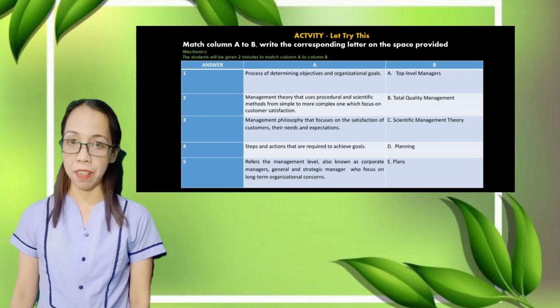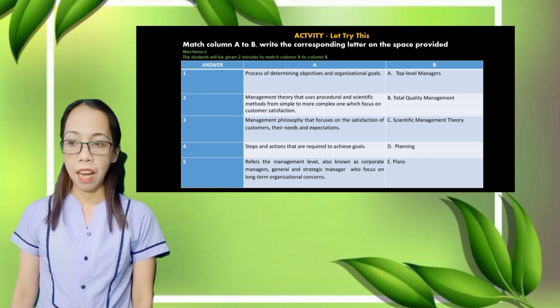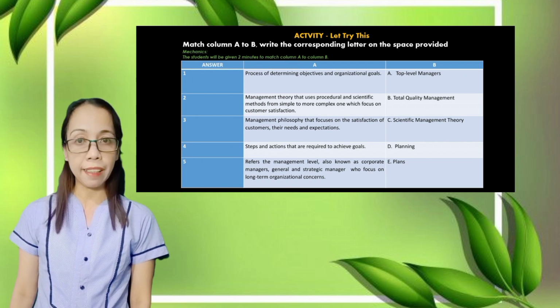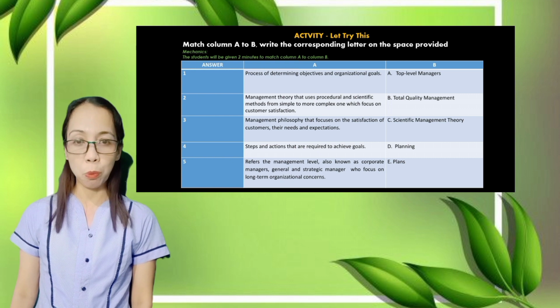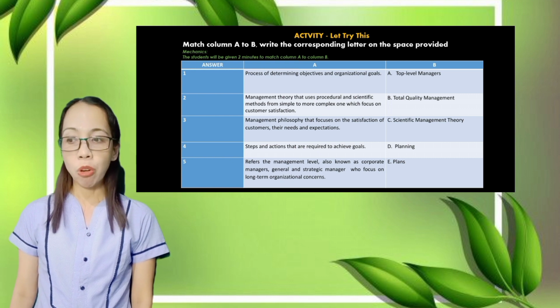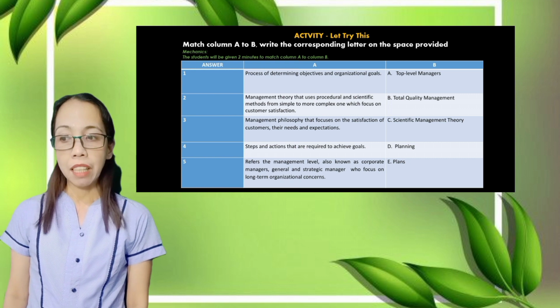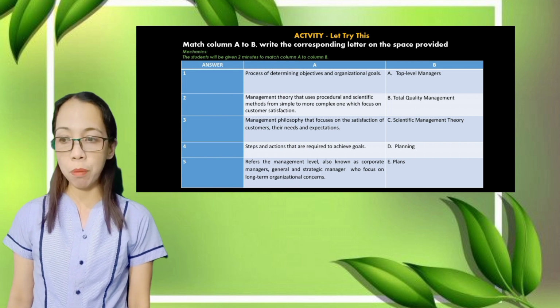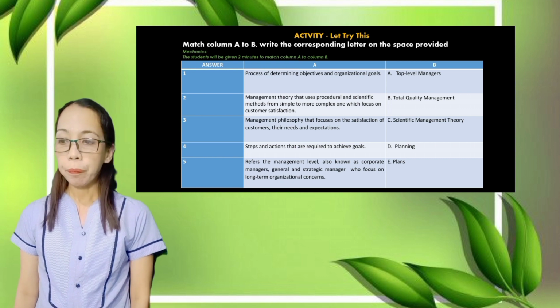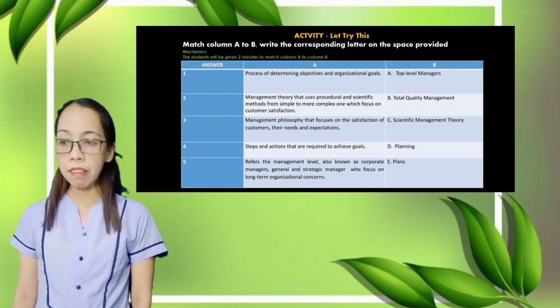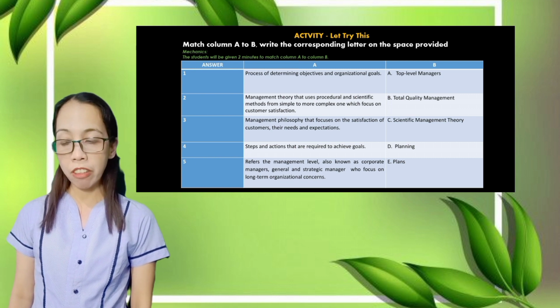So, let's start. Let's try this one before we start our discussion. We will match column A and column B and write the corresponding letter on the space provided. So, get your ballpen and your notebook and write the answer. The mechanics will be, you are given 2 minutes to match column A and B. Only 2 minutes will be given to answer those questions. You have 5 questions.